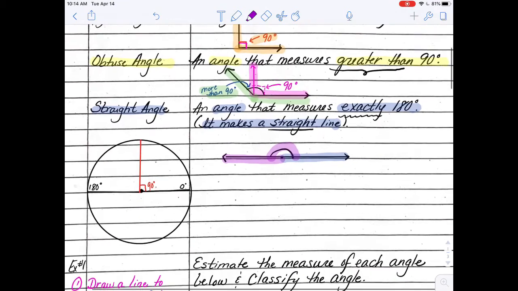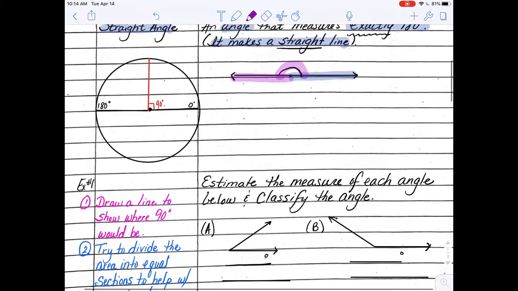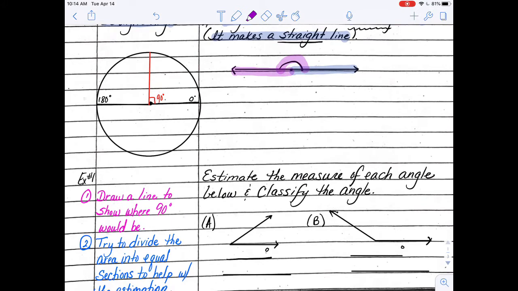Now when I'm estimating an angle, when they give it to me and I'm trying to determine about how much it might be, I'm thinking about that straight angle. I know that's 180 degrees. And if I'm thinking about 90, well, cut that exactly in half. That line would represent the 90.